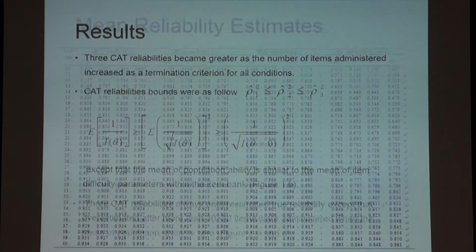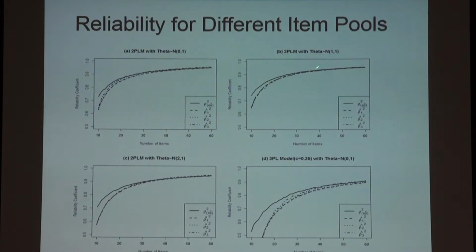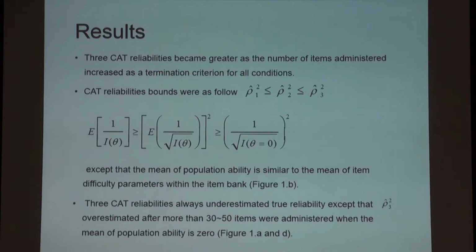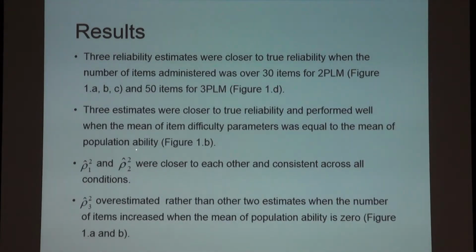Again, here, this one. This is actually we need to match the mean population with the mean item difficulty within the bank. Kind of, we need to decrease the gap. And then the arithmetic mean and the harmonic mean were close to each other and consistent across all conditions.